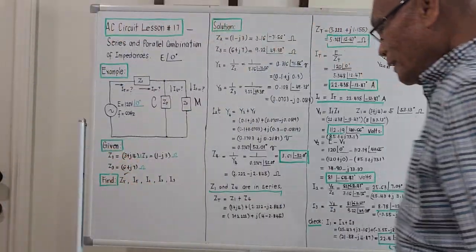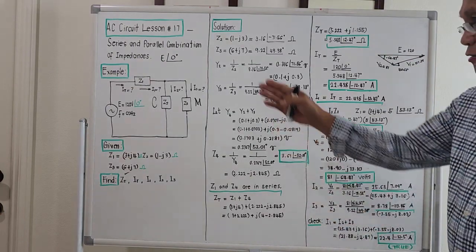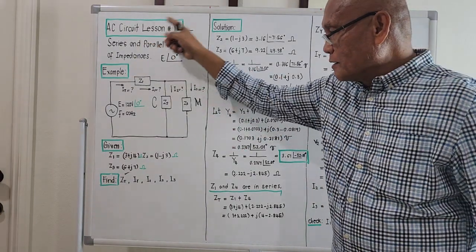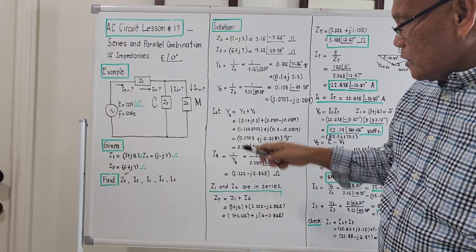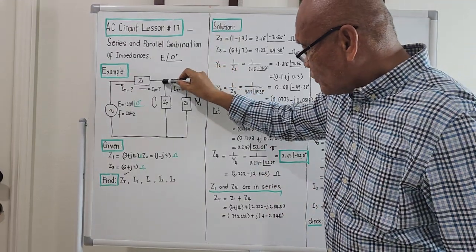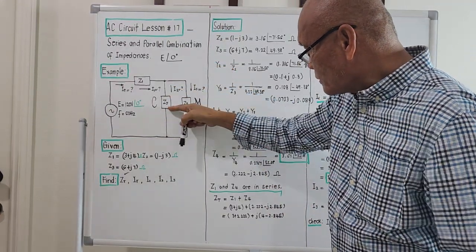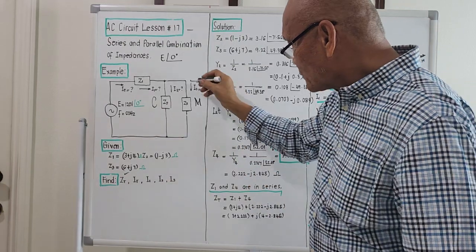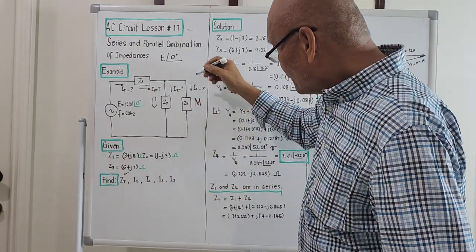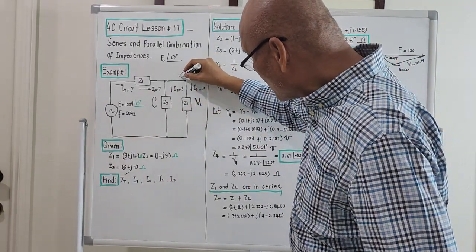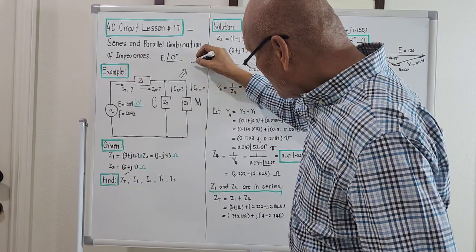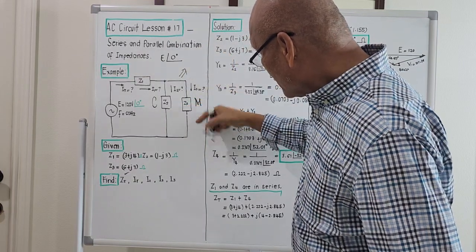If we try to analyze the circuit, since the combination is a series parallel, we will start in here. We try to compress this C2 and C3. For my solution, I compress C2 and C3 as Z4.